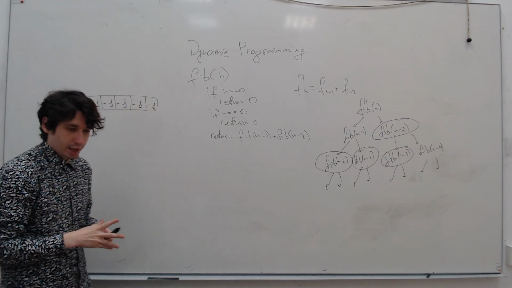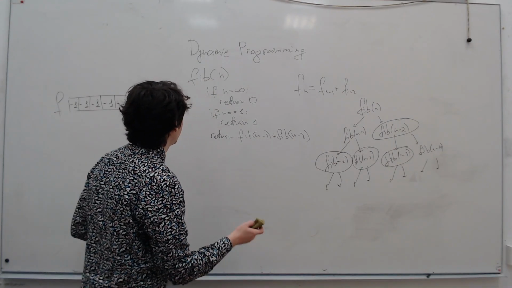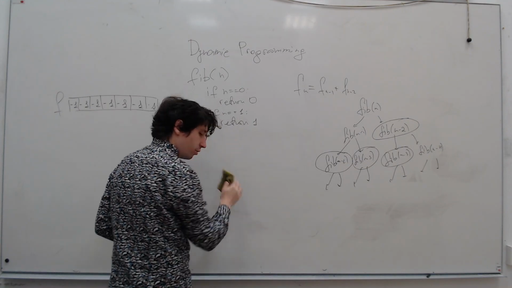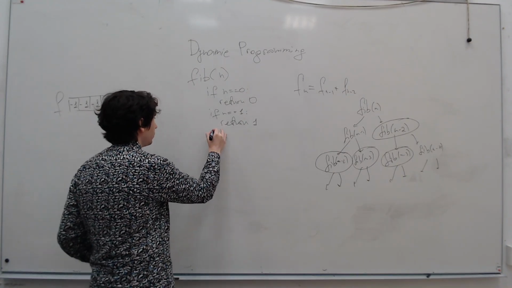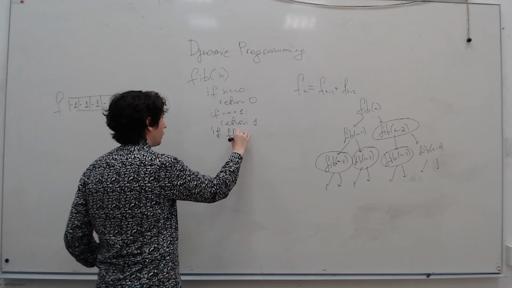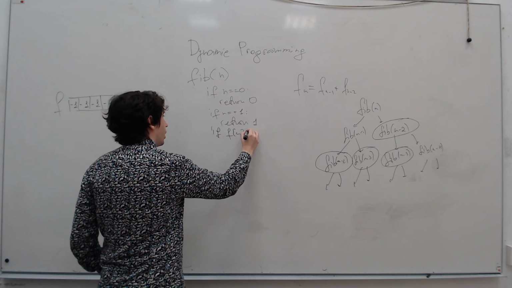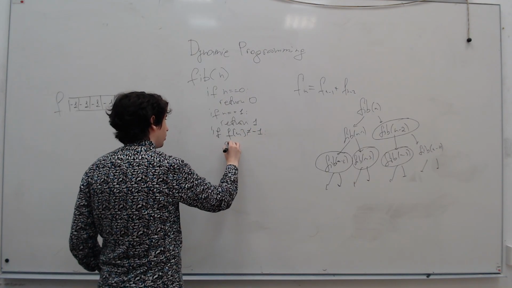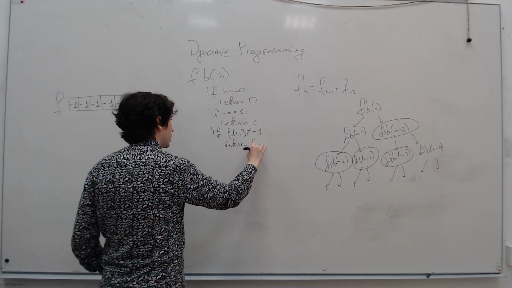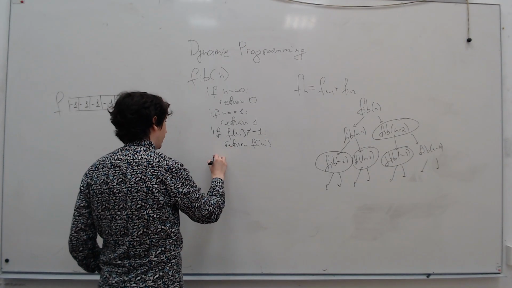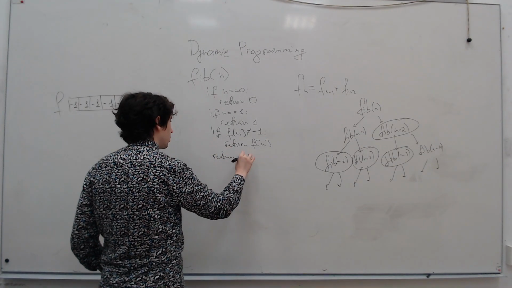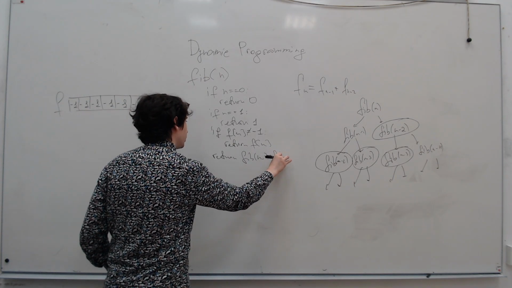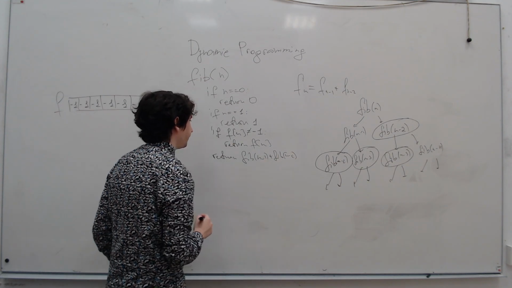And you simply, as Konstantin said, store the value in there. So if f of n is not equal to -1, then return f of n. Otherwise, return fib n minus 1 plus fib n minus 2.